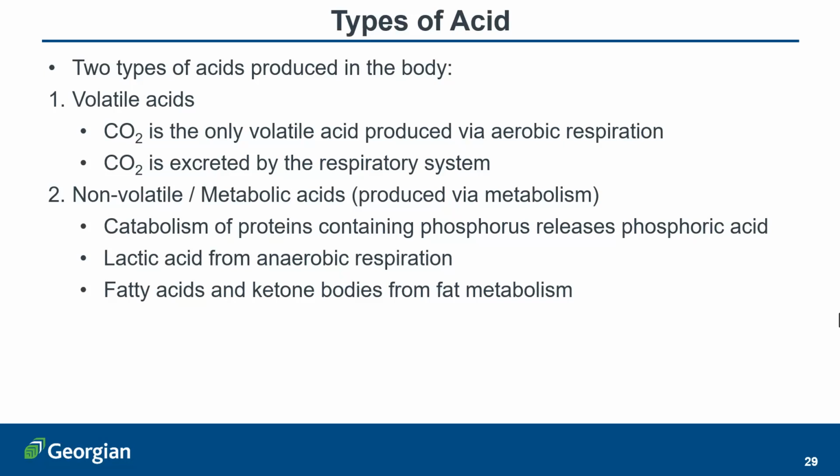For example, the catabolism of protein that contains various phosphorus atoms ultimately releases phosphoric acids. Lactic acid, as we know, is produced from anaerobic respiration, along with fatty acids and other ketone bodies from fat metabolism. So those are all examples. Phosphoric acid, lactic acid, and ketone bodies are all examples of metabolic acids. For volatile acids, the only one is CO2.